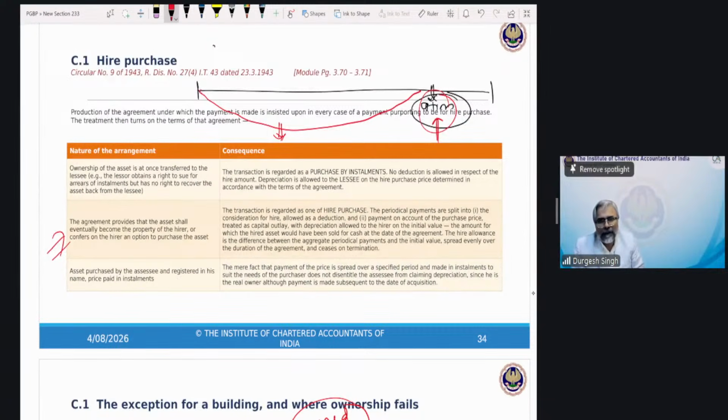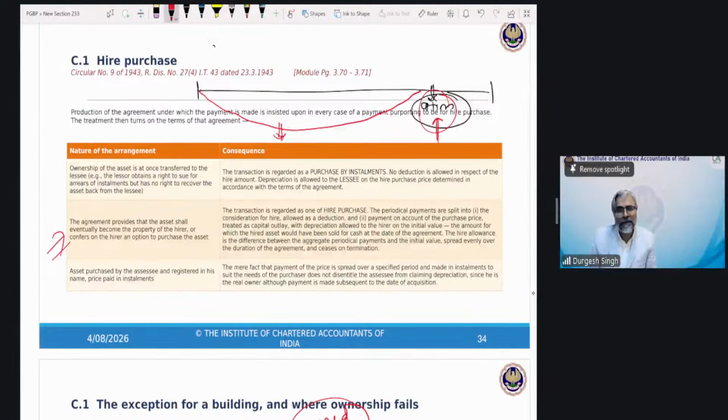That is the general criteria. And finally, at the payment of the last installment, the title transfer takes place. So now again the question is, students, now be careful.